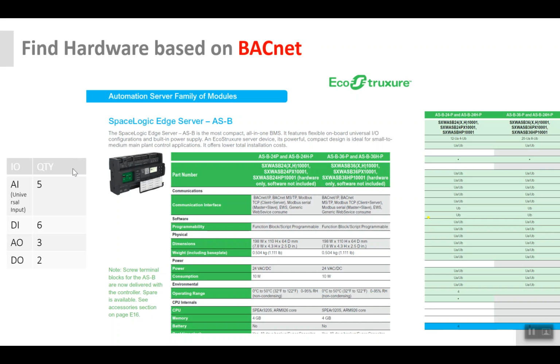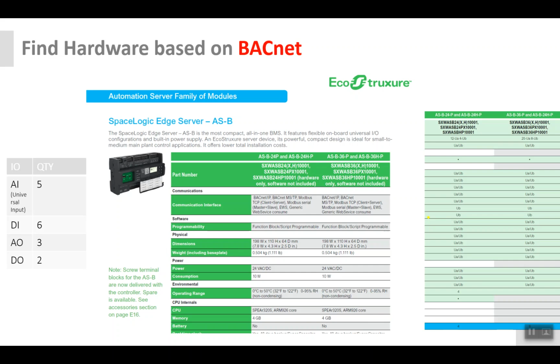So in the picture you can see the SpaceLogic Edge Server ASB from Schneider. This type of hardware is a compact one. The primary controller and digital input output come in one device. Also it is possible to use the separate Automation Server from Schneider and use the card next to it.